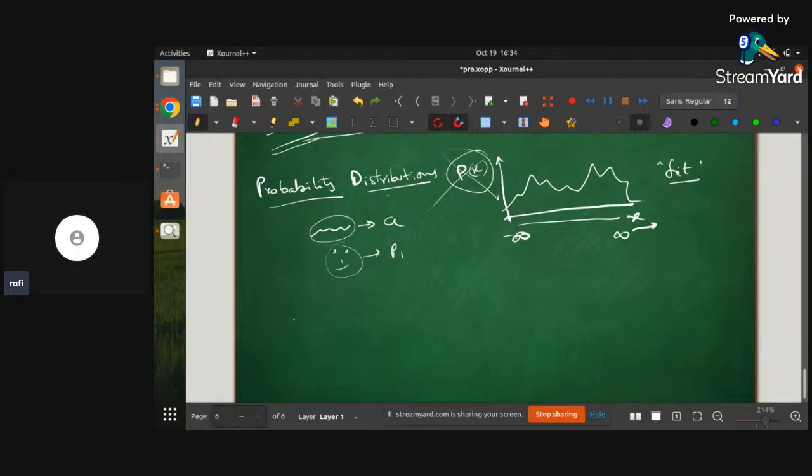So all the natural signals, or any signals that occur in nature, don't have a defined mathematical equation for their probability distributions.